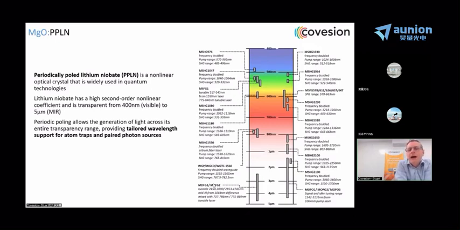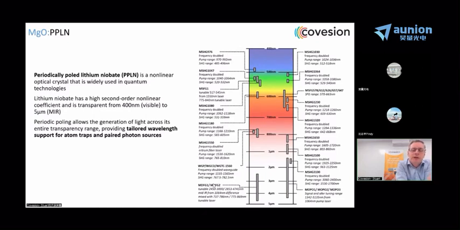The outcome of that is that it's a very flexible material that can be tuned for particular wavelengths. The transmission range of the material runs from 400 nanometers in the blue or UV right out to the mid-infrared, around 5 microns. And by tuning the grating that you fabricate into the material, you can access that full transmission window of the material.